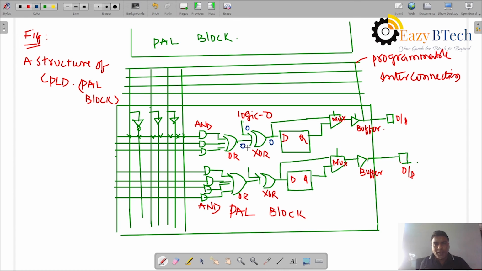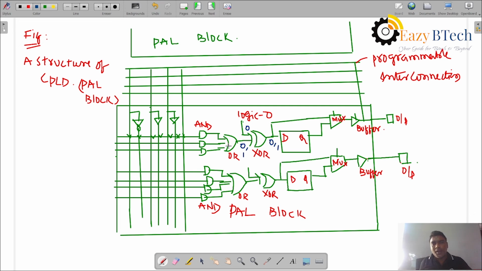If the OR gate output is 1, the other XOR input is 0, so the output is again 1. So there is no change by using this XOR gate.